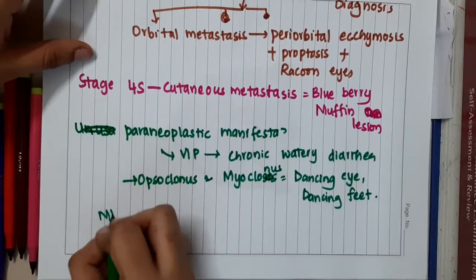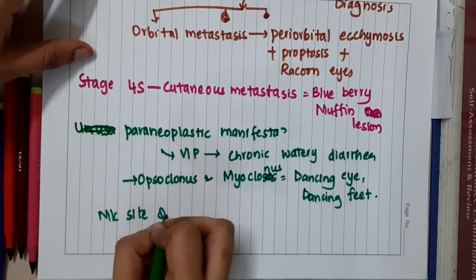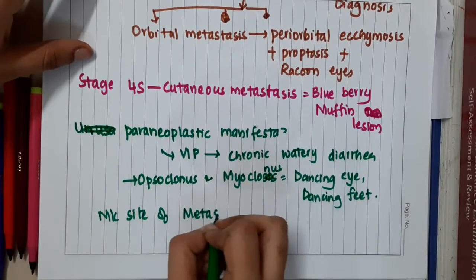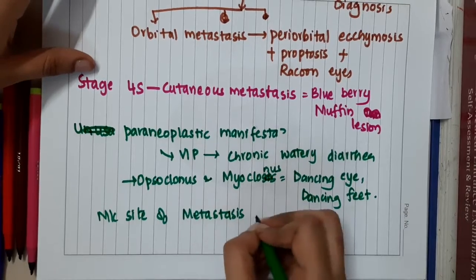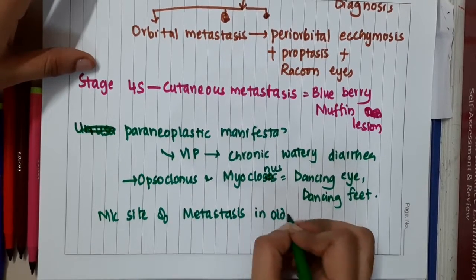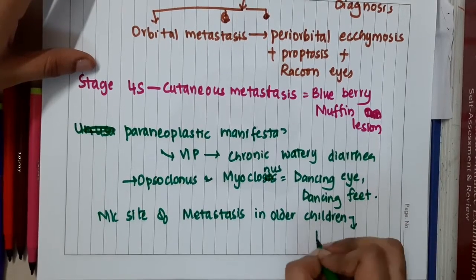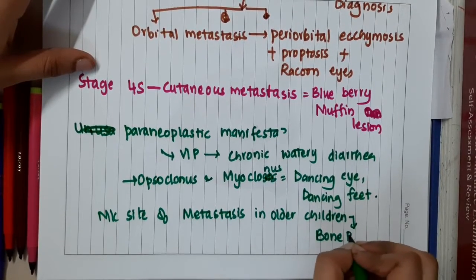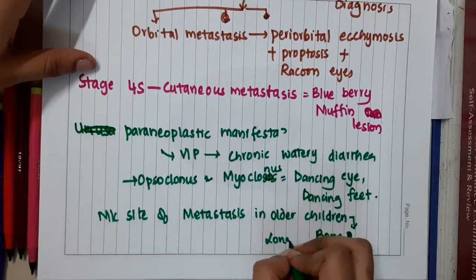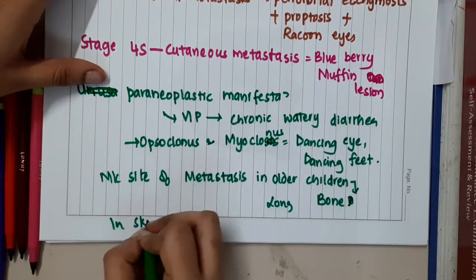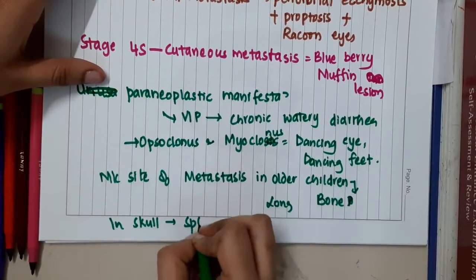Then what is the most common site of metastasis in older children? It is the long bones. In the skull the metastasis occurs in the sphenoid region.